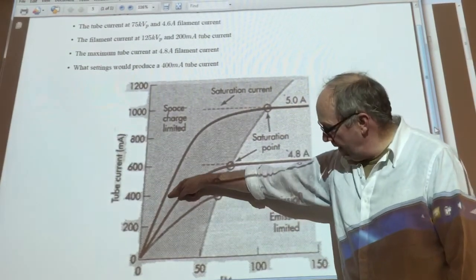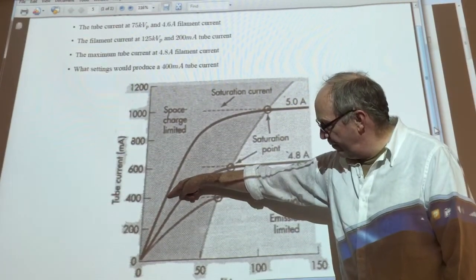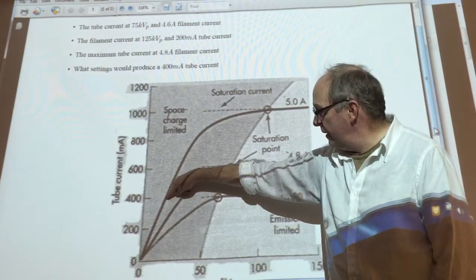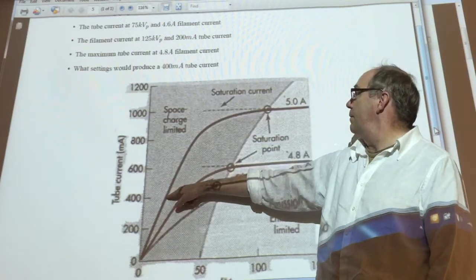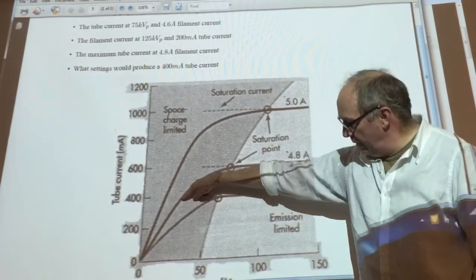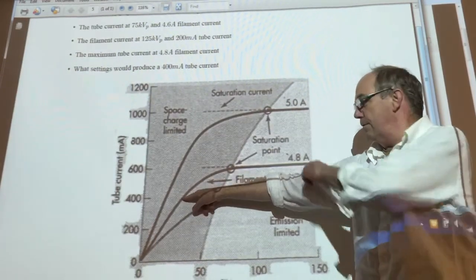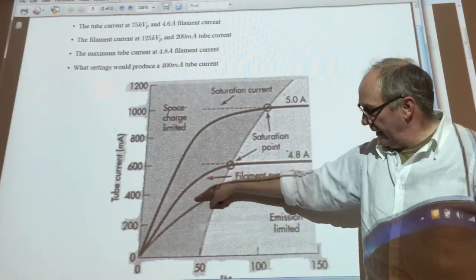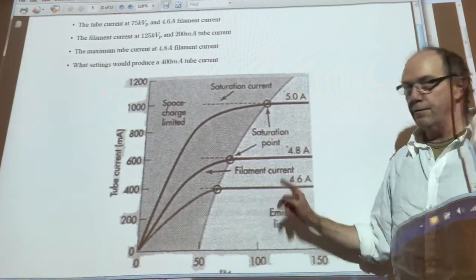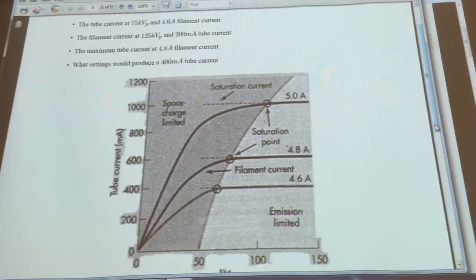I could get there at about 15 kVp at a big 5 amp current. I could get there at maybe about 25 kVp with a 4.8 amp current. And I could get there with 50 kVp at a 4.6 amp current.